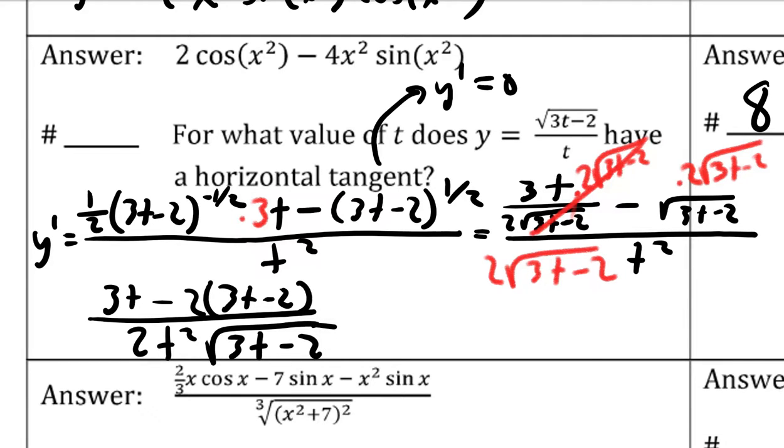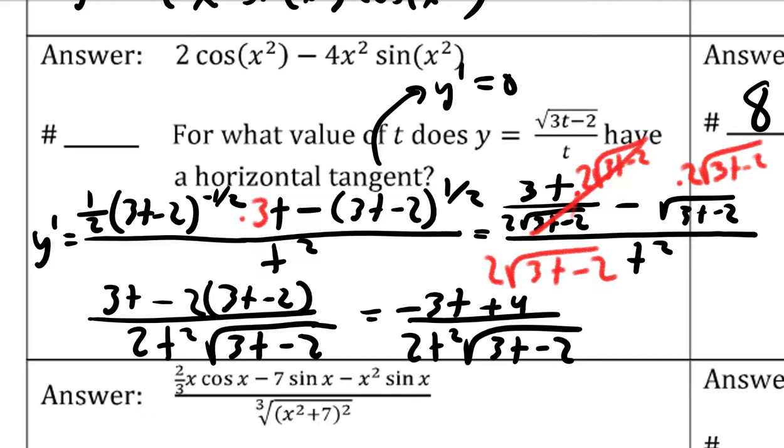And all that on the bottom. Then it looks like up top, if I distributed this, 3t minus 6t would be negative 3t. Negative 2 times negative 2 is 4. I don't think I'm going to do anything with this denominator, but that's where I would start to look.